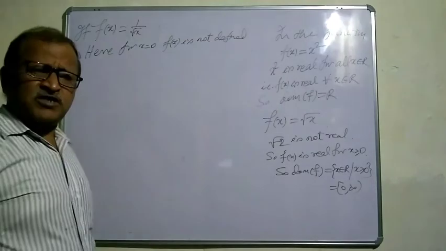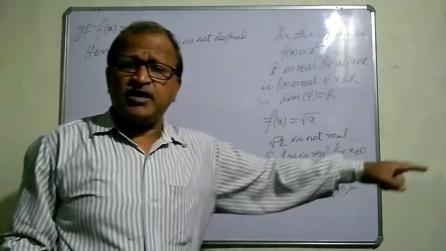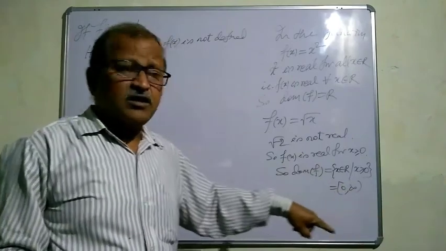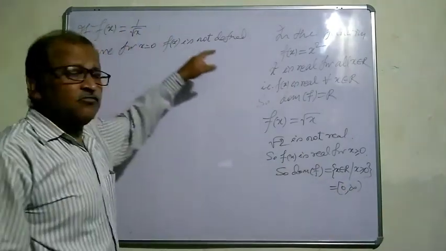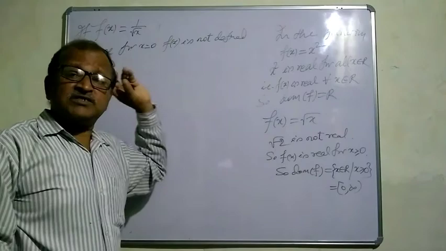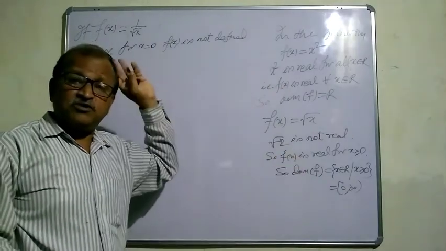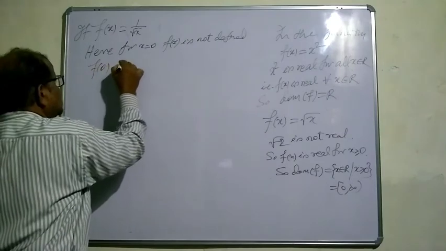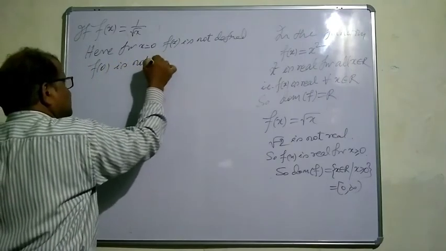It is infinity, but there is no point on the number line called infinity. Such a point is not there. So it is not real. When x is 0, f of x is not defined. f of 0 is not defined.